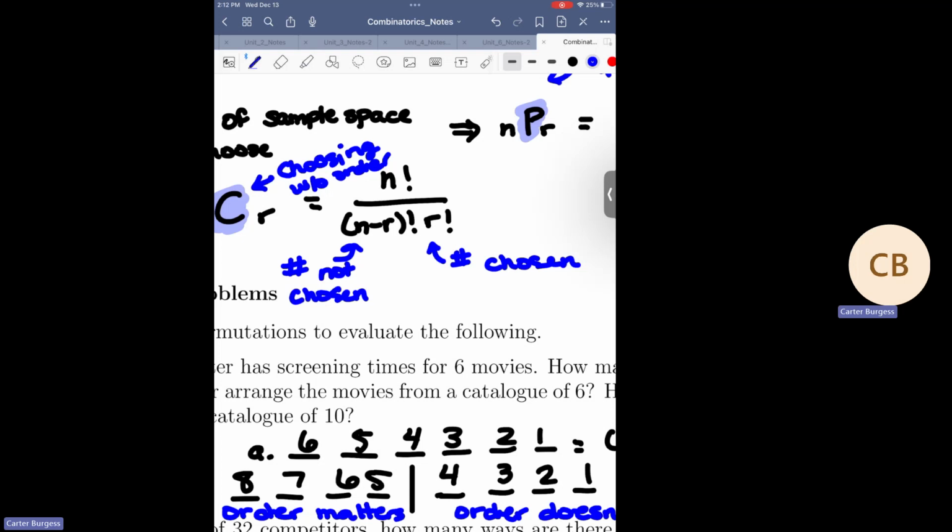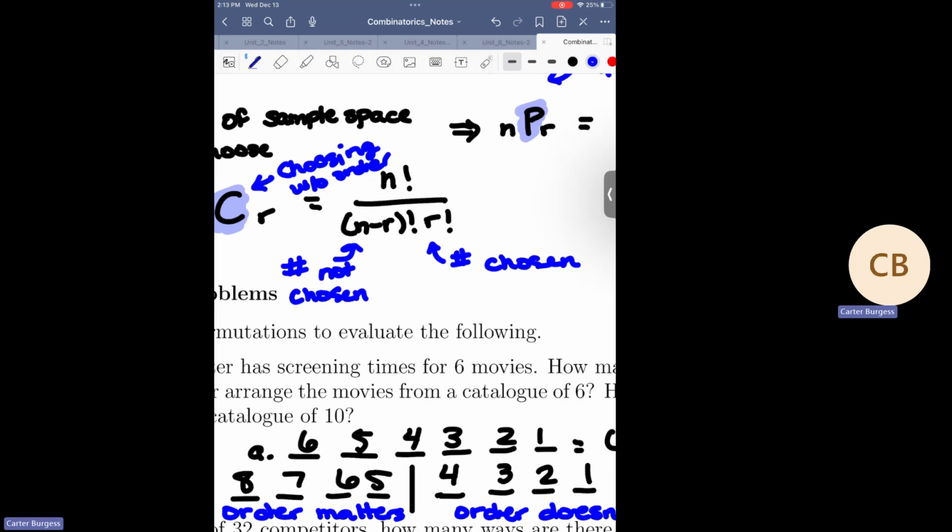Okay, so example 2 has 2 different parts to it. The first is more conceptual. I'm not really asking you to provide an answer here. I'm more just wanting you to grapple with the choice so that you can decide which formula to use.